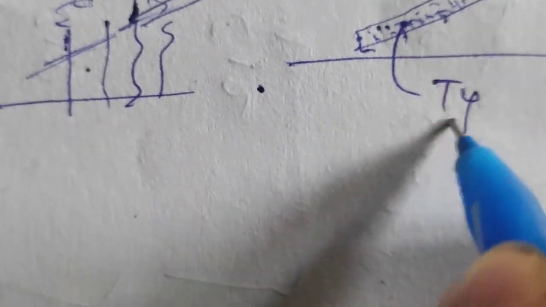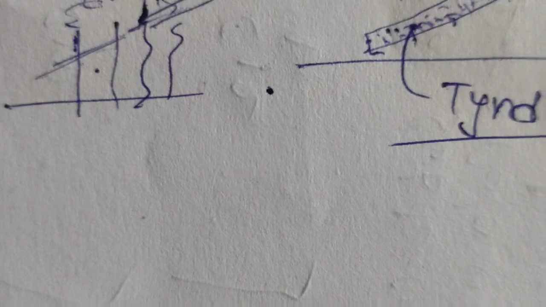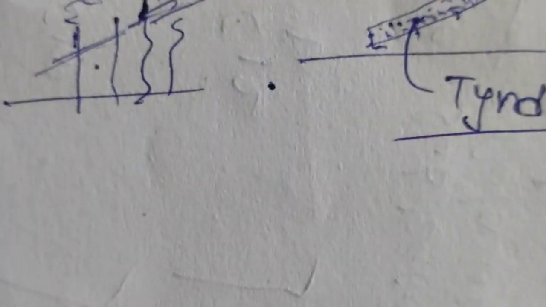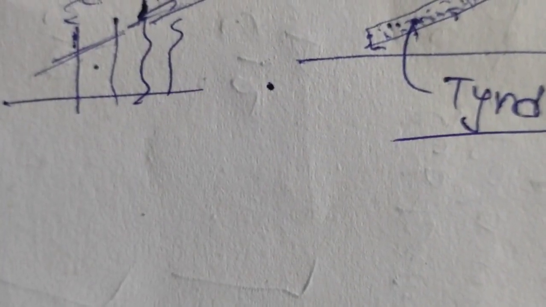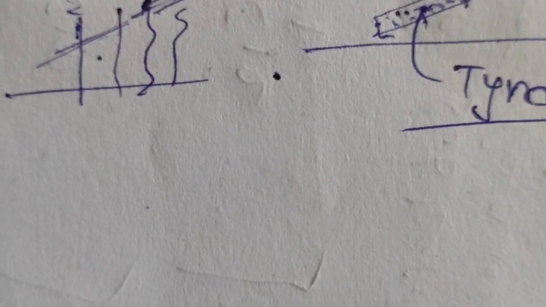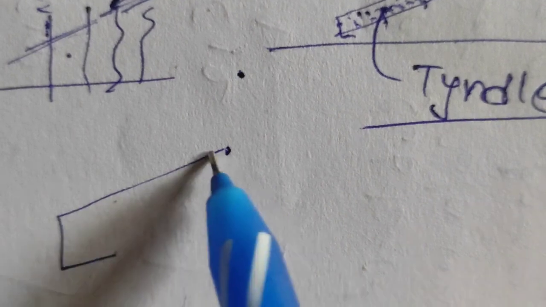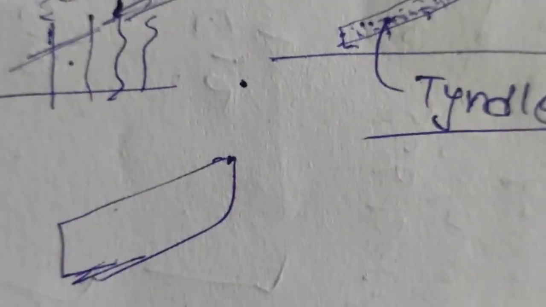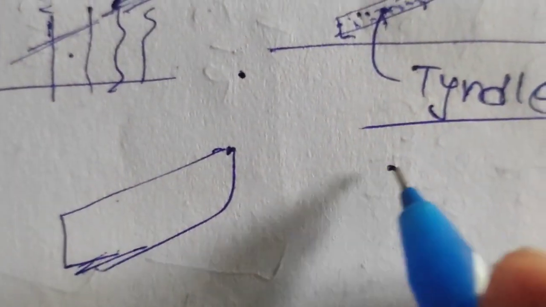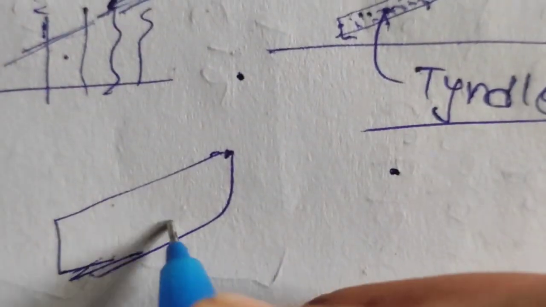This effect was shown by Tyndall, so that's why it's called the Tyndall effect. And the beam where these particles are located, we see as a beam-like structure of light. This is called a Tyndall beam.